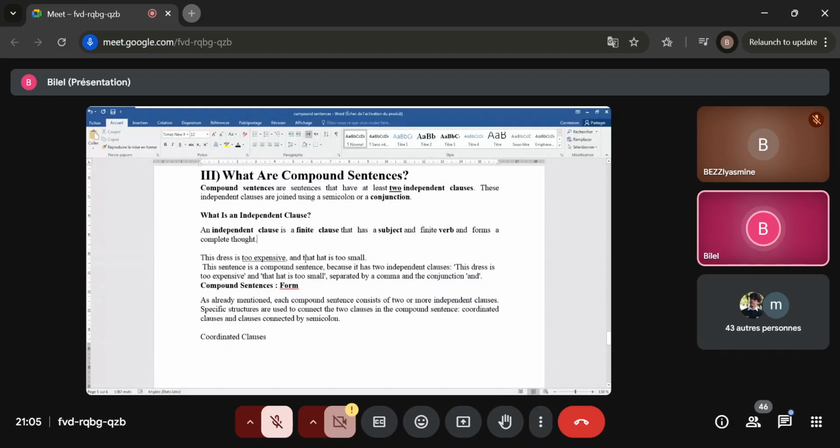And we have another subject, which is that hat, and the verb is too small. So we have got independent clause one and independent clause two, joined by the coordinating conjunction and, and before and there is, as you can see, a comma.